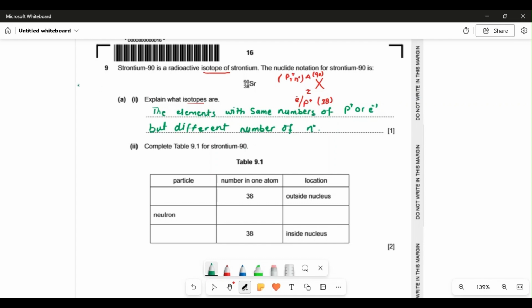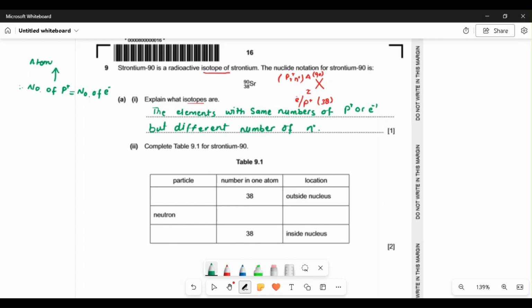Here I would like to mention one more thing. The number of protons is always equal to the number of electrons, so we don't need to mention both of them. We can just simply say number of protons or number of electrons. Secondly, the number of protons or electrons is also called the atomic number.